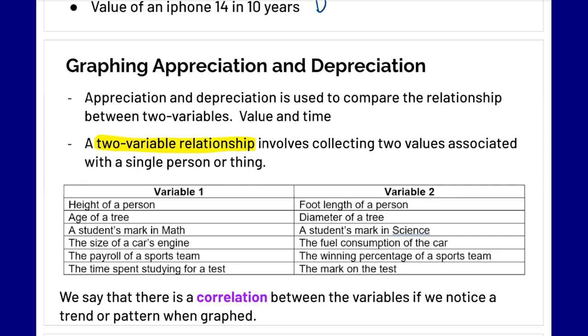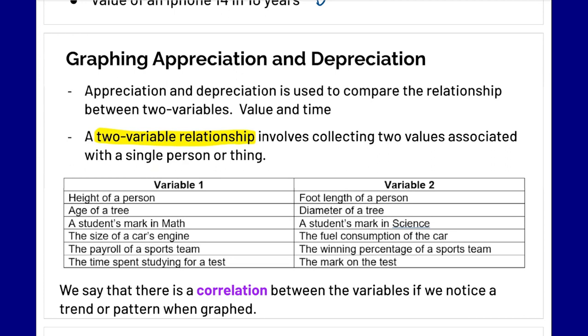If they're strong in math, are they also strong in science? Or if they're strong in math, are they bad in science? The size of a car's engine and the fuel consumption, the payroll of a sports team and their winning percentage, time spent studying for a test and the mark on the test. So a two variable relationship is when we're collecting two values associated with a single person or thing.